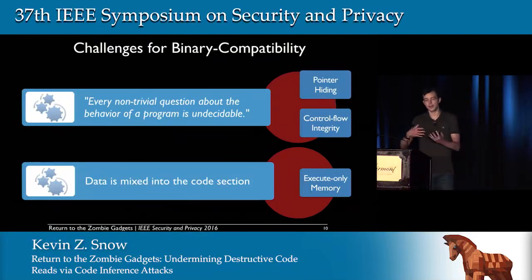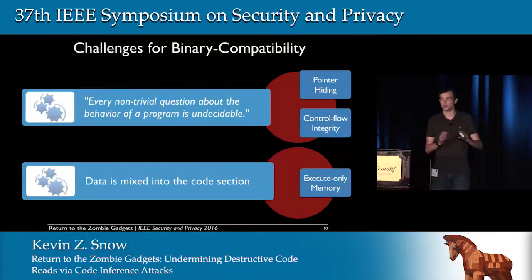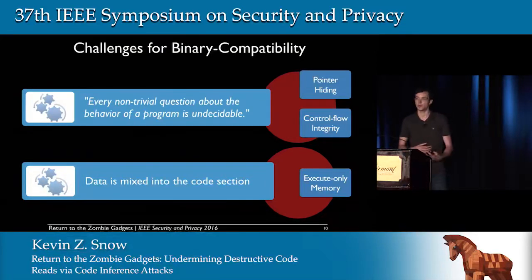Now, on the other hand, you have defenses that are trying to be compatible with applications, like the last CFI defense. But the problem for us with this sort of defense is that in order to be binary compatible without using source code, all of these defenses require a large amount of static program analysis. And we know that static program analysis is actually an undecidable problem.